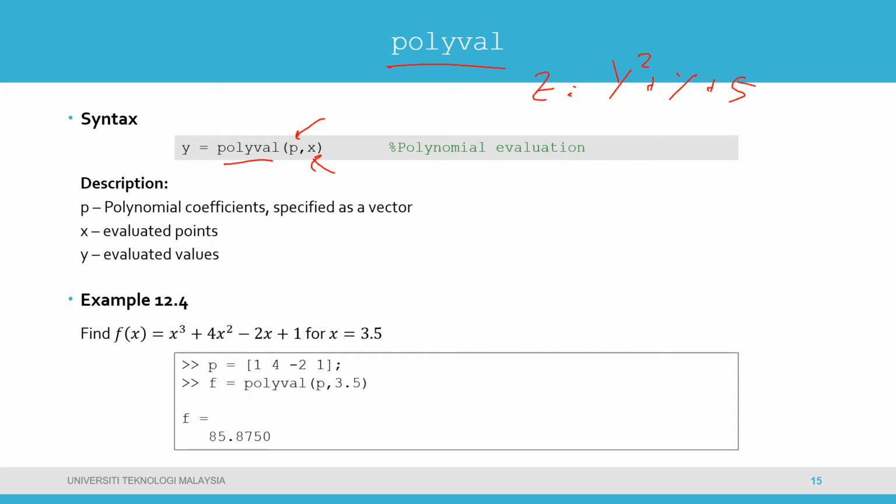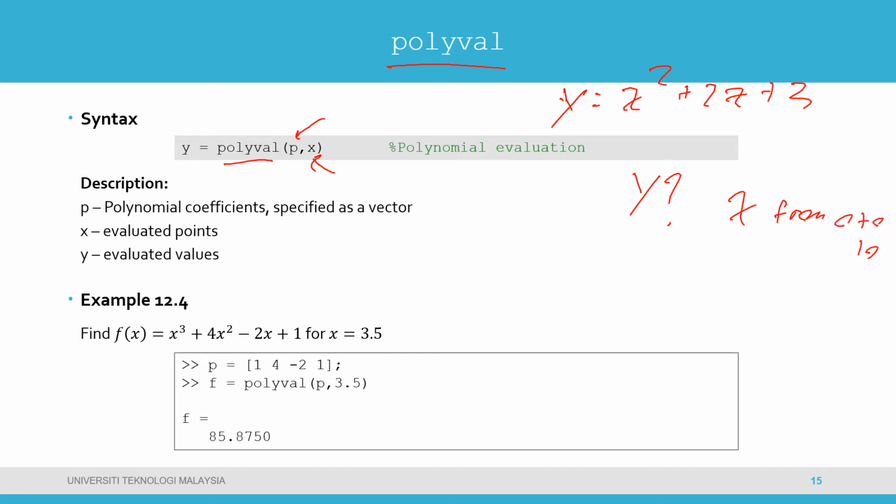Maybe I give you a closer example: y is equal to x squared plus 2x plus 3, for example. You want to know what y is if x is from 0 to 10.